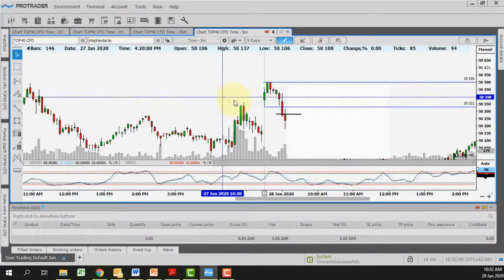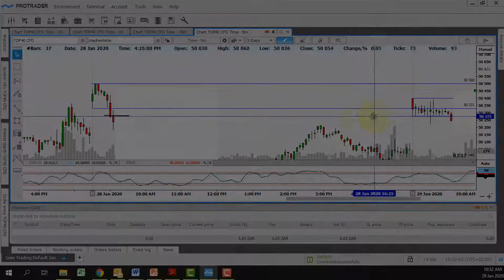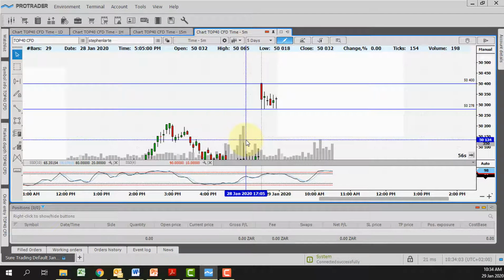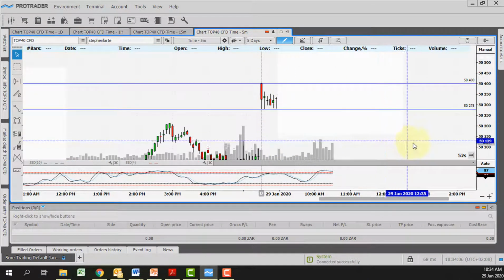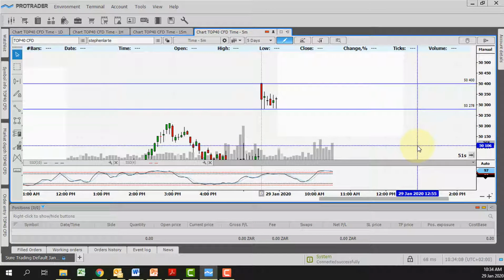Let's have a look at another example quickly. Okay, let's have a look at this example over here. You can see we've plotted our range lines. And let's have a look and see what happens.